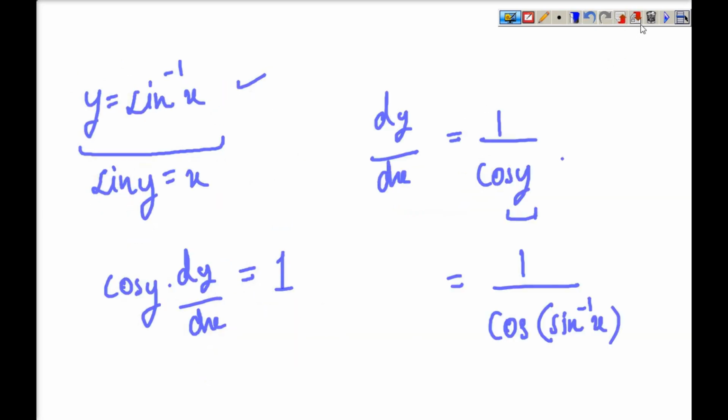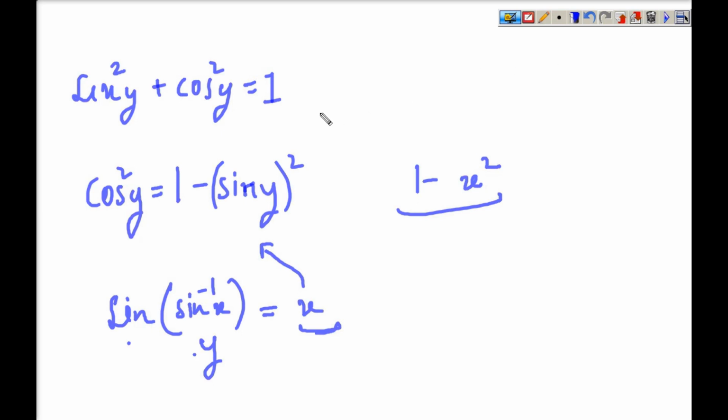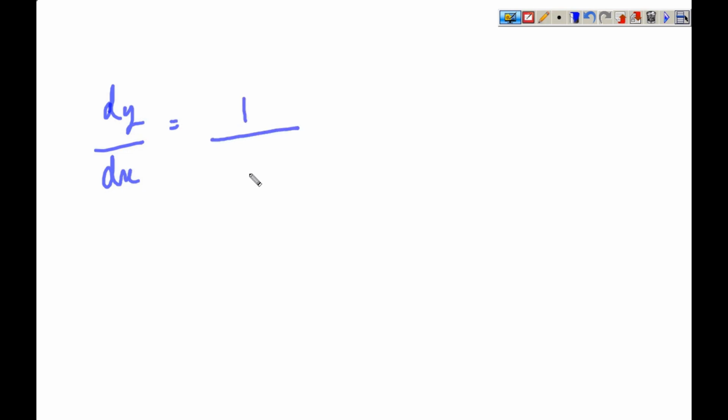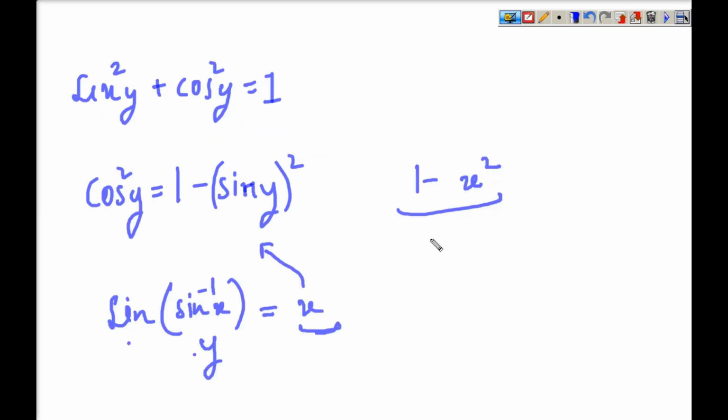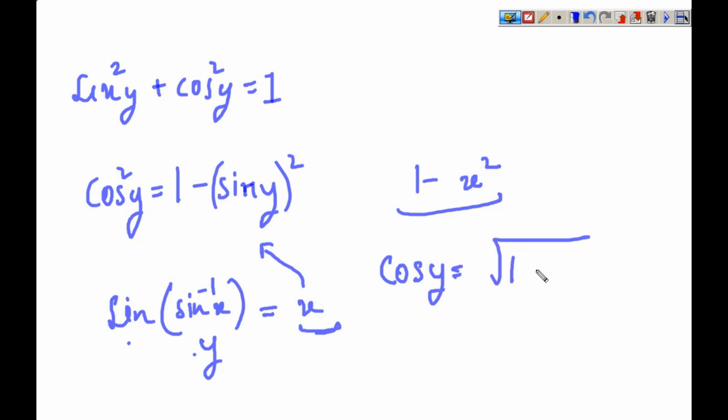right? So I can rewrite the derivative as dy by dx equals 1 by cos of sine inverse x, and from here we are getting cos y as under root of 1 minus x square.